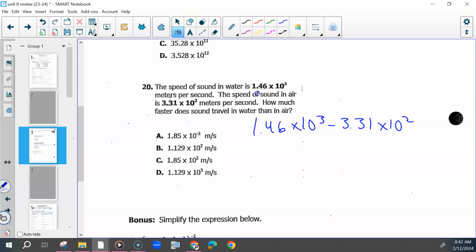So I'm going to change this to be 3. And because I went up 1, I'm going to move the decimal to the left. Once the exponents are the same, actually subtract the numbers. 1.46 minus 0.331. What would that give us?